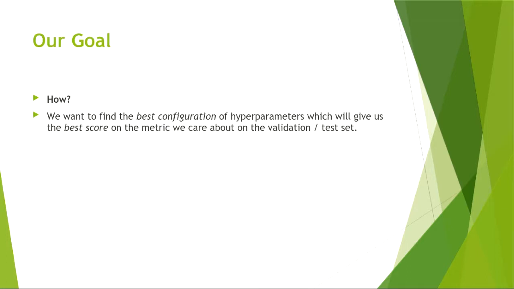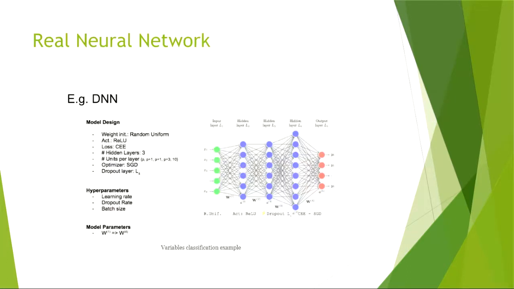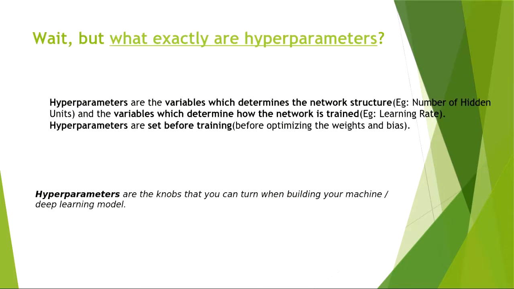Okay, so now it becomes important for us to study what these hyperparameters actually are. What you need to understand is that hyperparameters are just like your variables. You know variables, right? So hyperparameters are just like your variables that determine your network structure, for example the number of hidden units and the number of hidden layers.